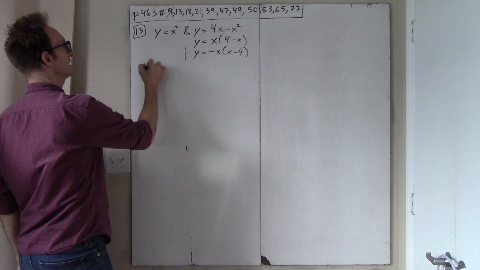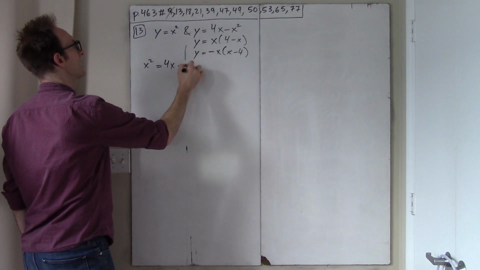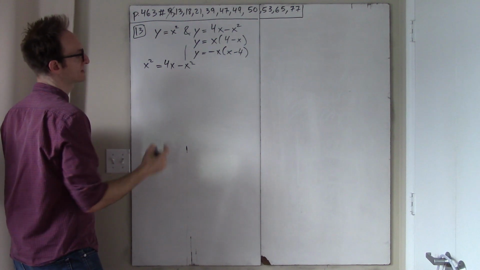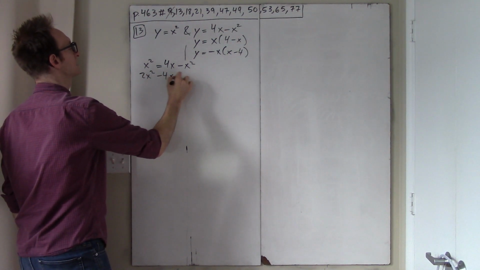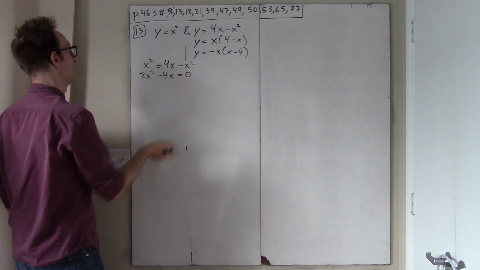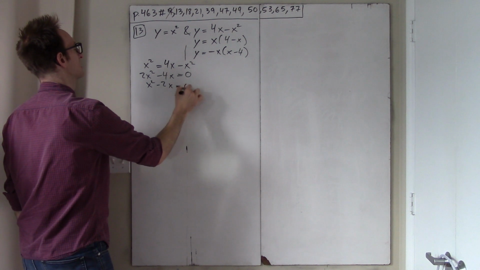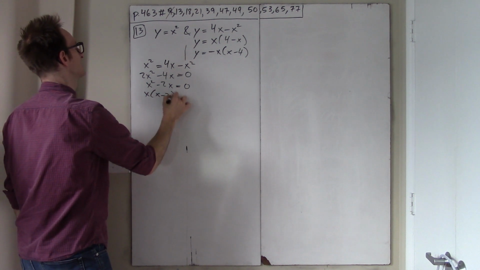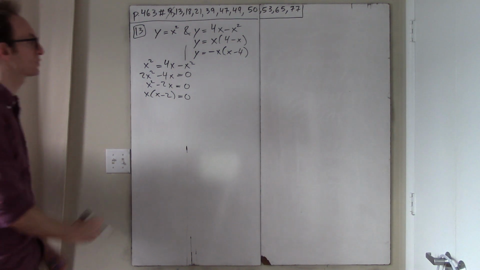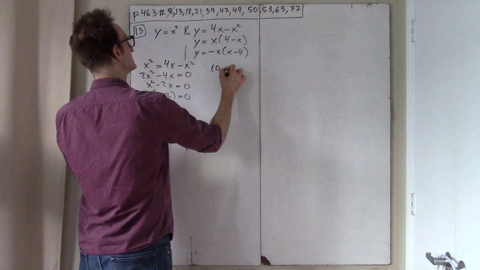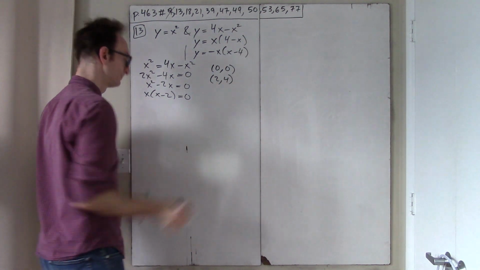Where do these intersect each other? Well, I can set x squared equal to 4x minus x squared and just solve this equation. So that becomes 2x squared minus 4x is 0, divide by 2, and factor out an x, and this is what we get. So these 2 curves intersect twice: when x is 0 at (0, 0), and when x is 2 at (2, 4).